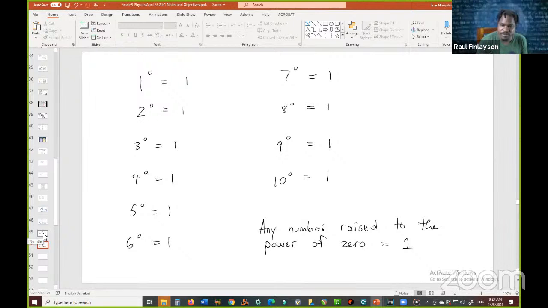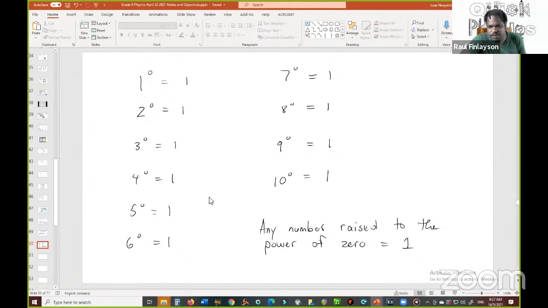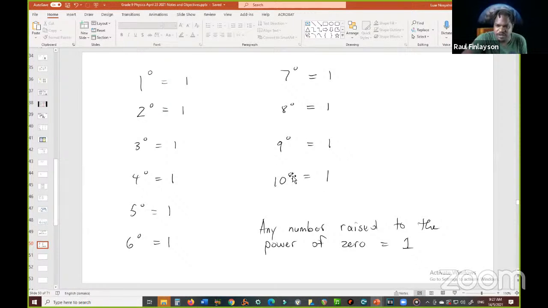But saying that, on the screen you're looking at a situation where numbers can be expressed as the power of 0, which would make it 1. I was explaining why 10 to the 0 is 1. You could read it as saying 1 followed by no 0 is actually 1.